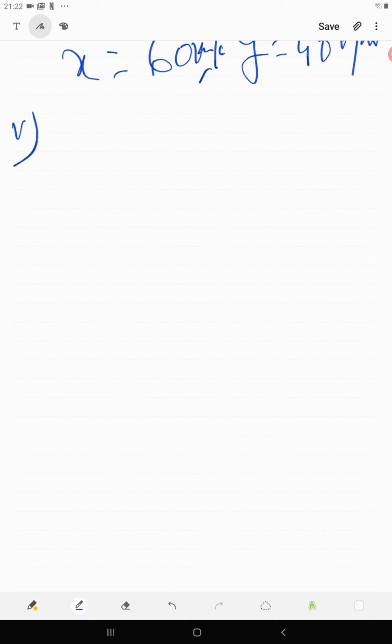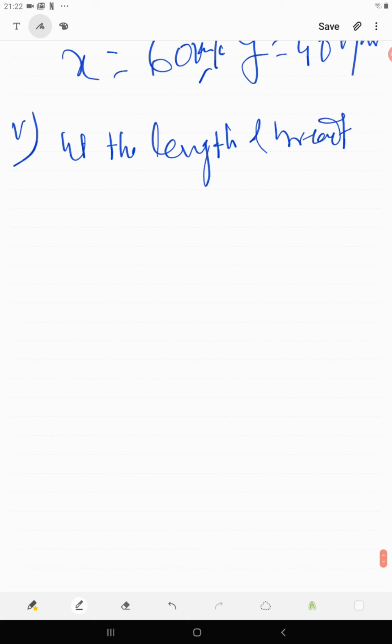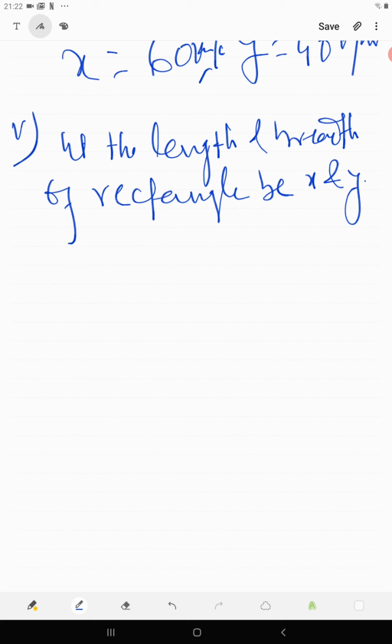Okay. So what we need to assume is, let the length and breadth of the rectangle be x and y.